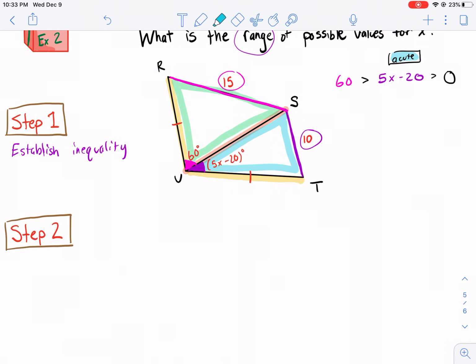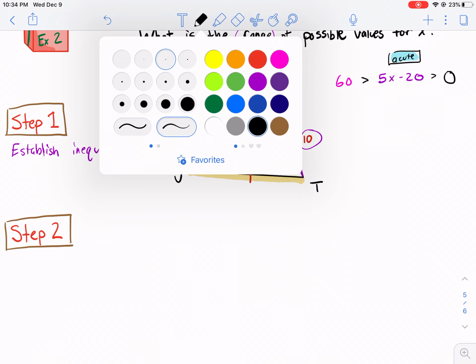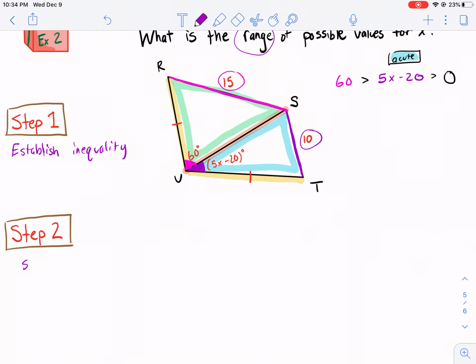So we established our inequality, so what's the next step? The next step is split. We're going to split the inequality, and then we are going to solve. So what does that mean when we split?